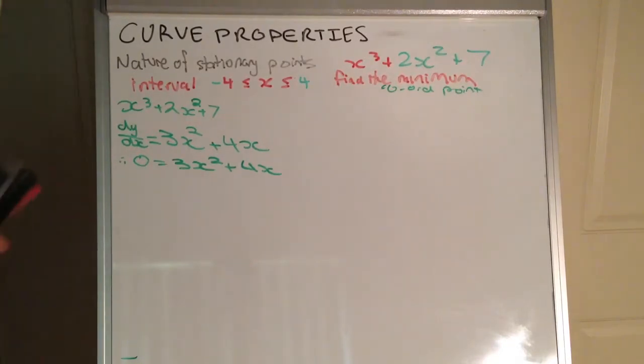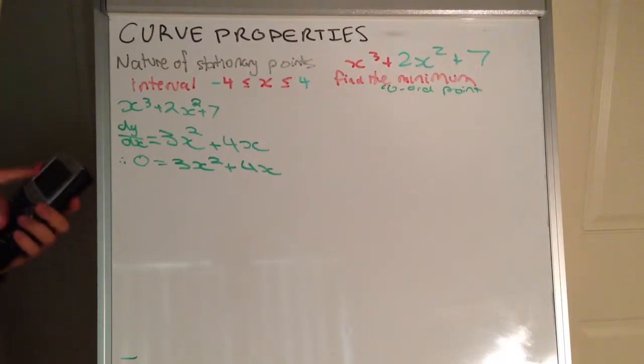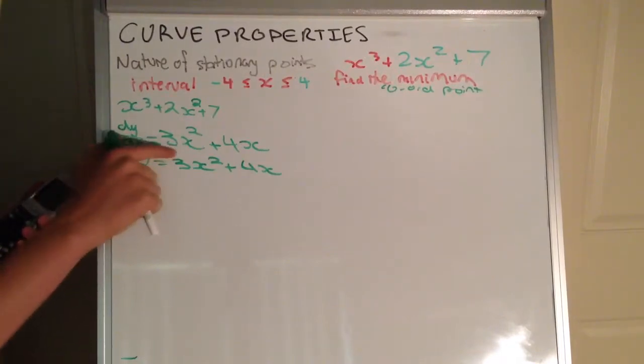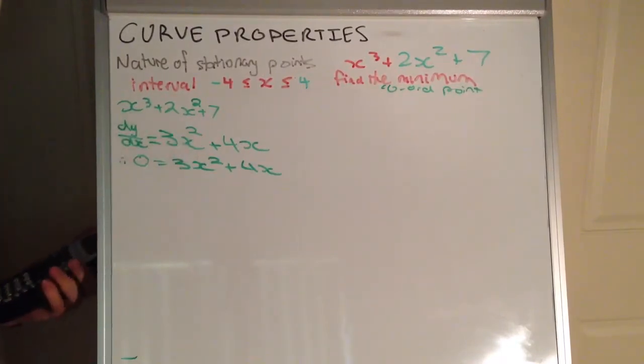And then you need to press 1 for Poly Root Finder. Where it says order at the top, scroll across to 2 if it isn't on 2 already, and then press the F5 button or the graph button to go to the next screen. Then when it says A2, enter 3 because this is the coefficient of our x squared term.